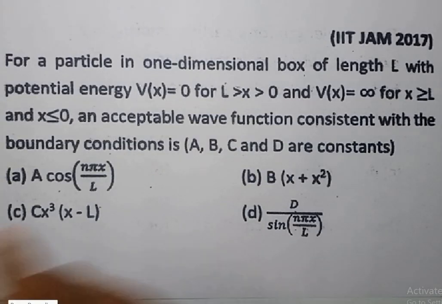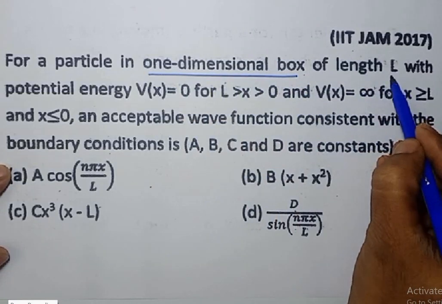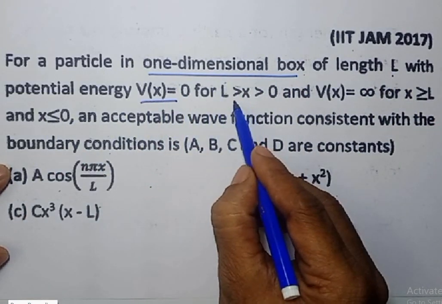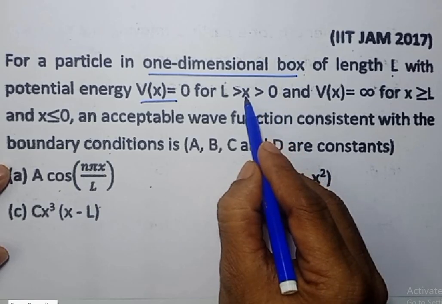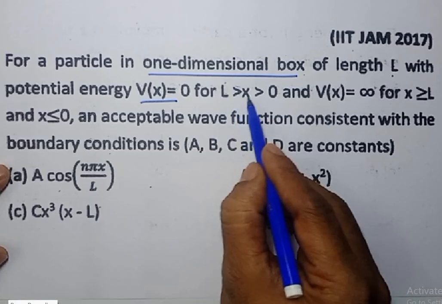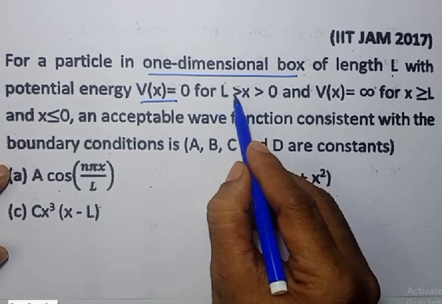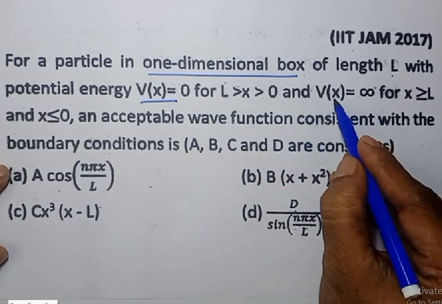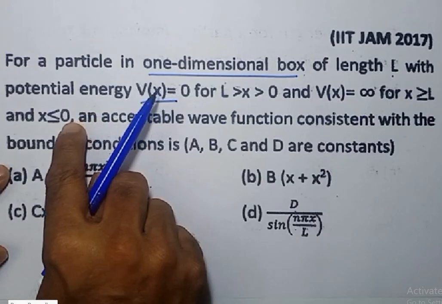So what was the question? This question appeared in JAM 2017. For a particle in a 1D box of length L, the potential energy is 0 above 0 and below L. It is a perfect 1D box. In between 0 and L, potential energy is 0, and potential energy is infinite beyond L and beyond 0.